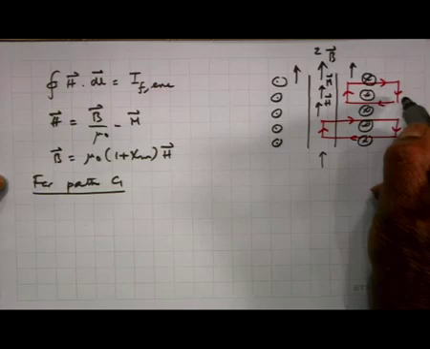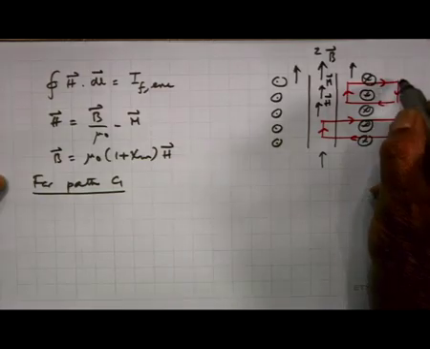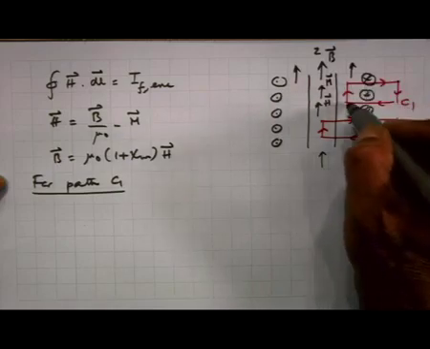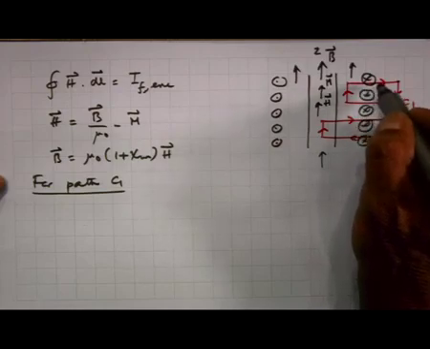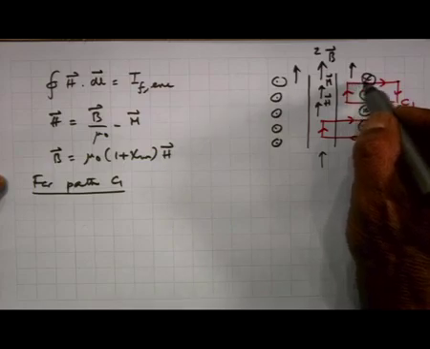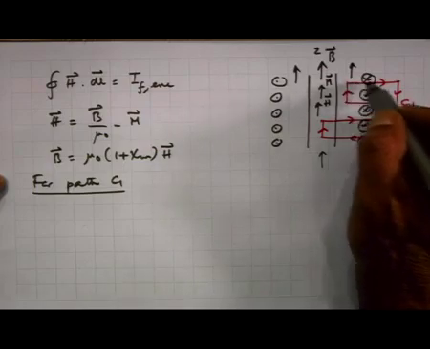There is no magnetic field outside, so the integral over this path is 0. The integral over this path is 0 because the magnetic field is perpendicular to this path. In fact, there is no contribution from here and here because there is no magnetic field, but over this part of the path which lies inside the solenoid, the B vector is perpendicular to the dl vector. So, there is no contribution from here. The H vector is also perpendicular to the path, so there is no contribution to the integral from here and here.